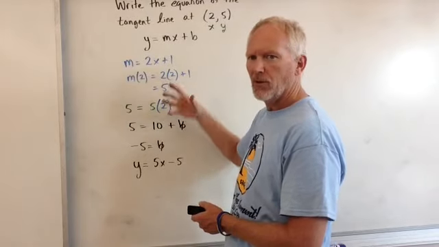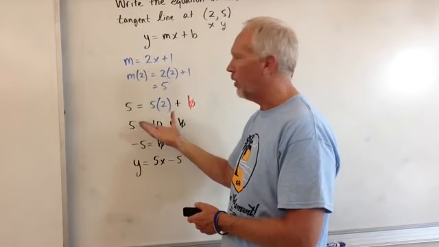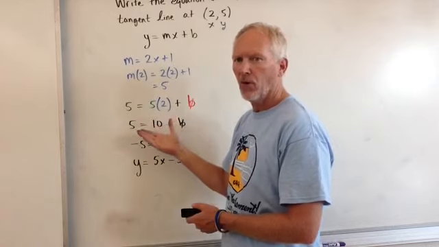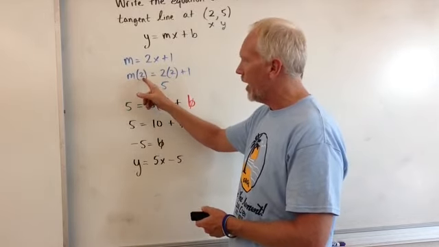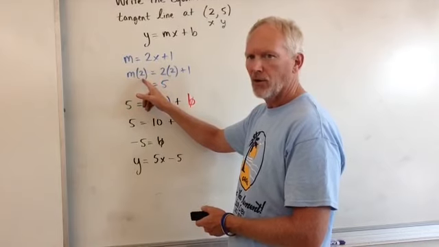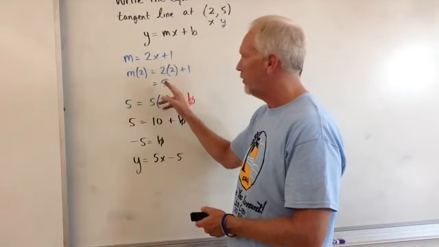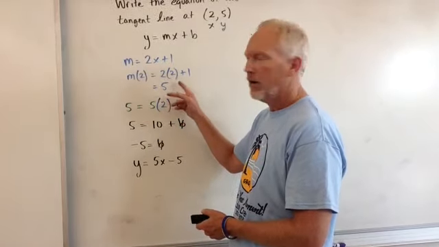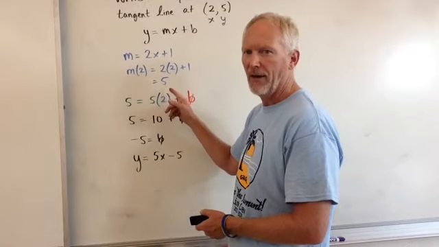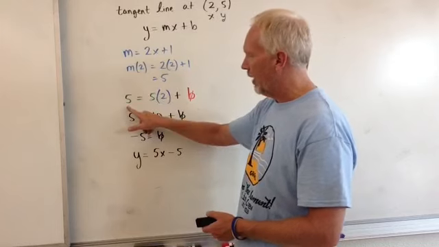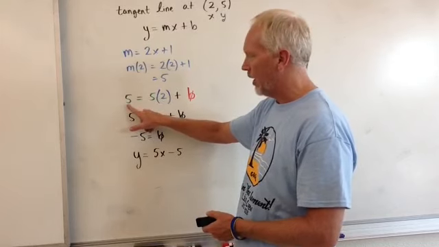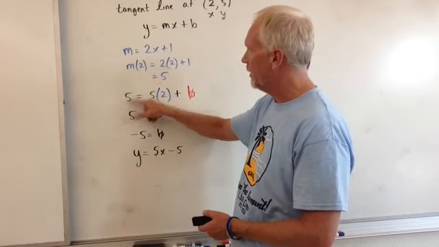So all we have to do is substitute that information into our y equals mx plus b formula and simply solve it. So if I do m of 2, our slope at the x value of 2, 2 times 2 is 4, 4 plus 1 is 5. Then we put in a y value of 5. We substitute that over here, y is 5, and y equals mx plus b.